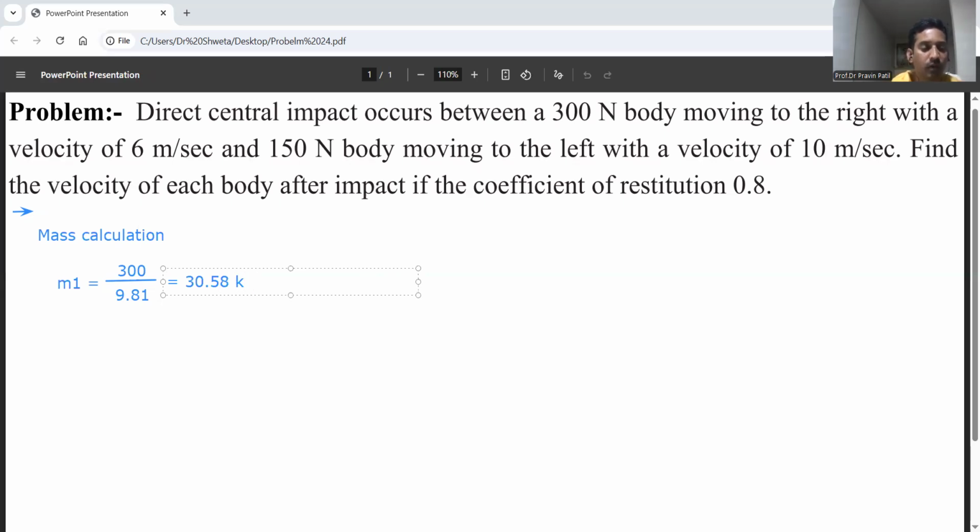Then next, the weight of the second body is 150 Newton. Convert this one also to kg.